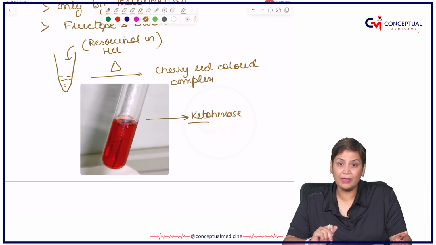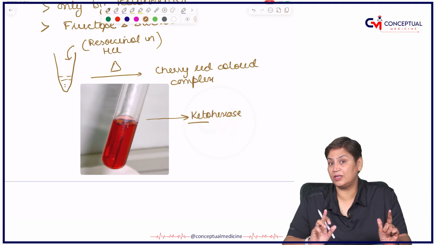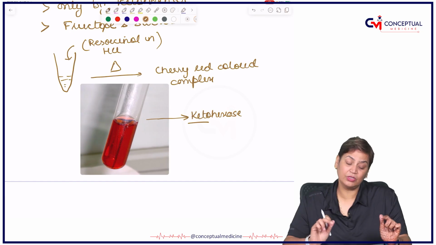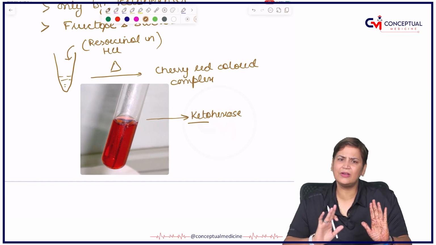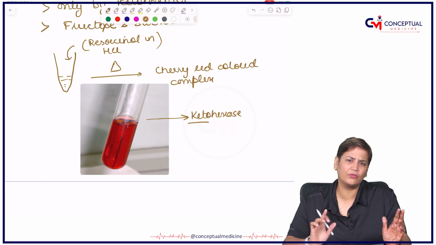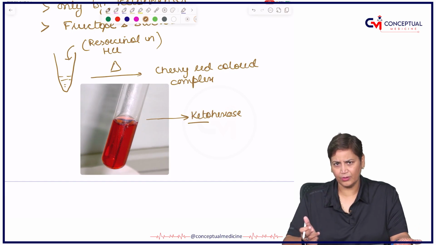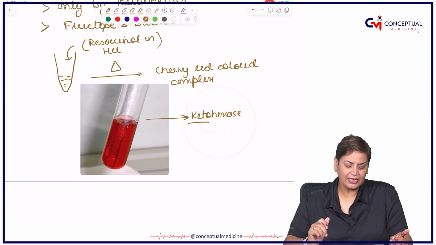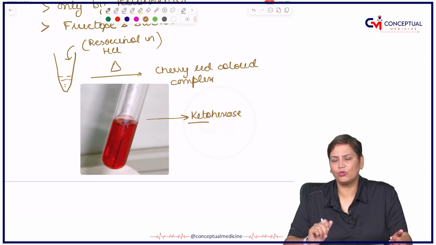In fructosuria, Seliwanoff's test will be positive. This is very important because the etiology of fructosuria is different. It is due to the deficiency of the enzyme fructokinase. So these qualitative tests also play a very, very important role in checking which carbohydrate is present.